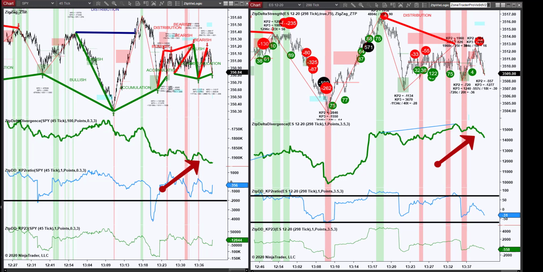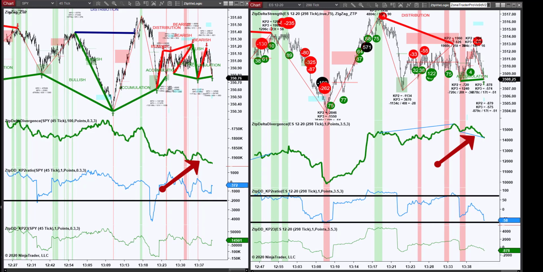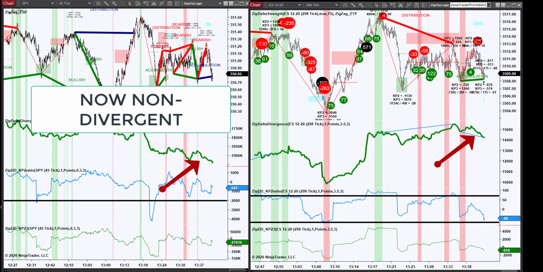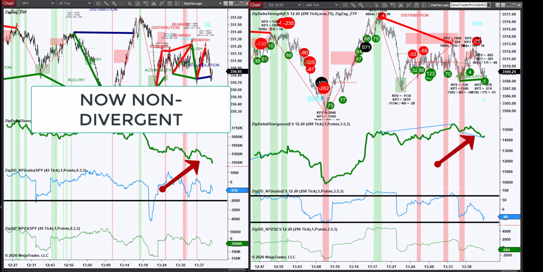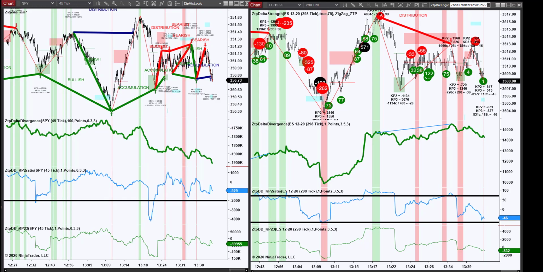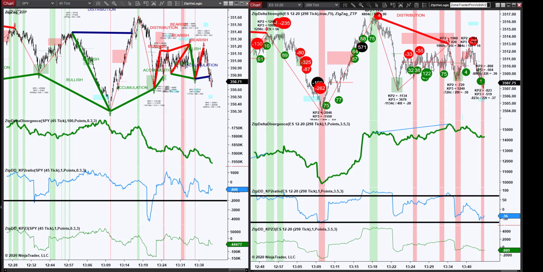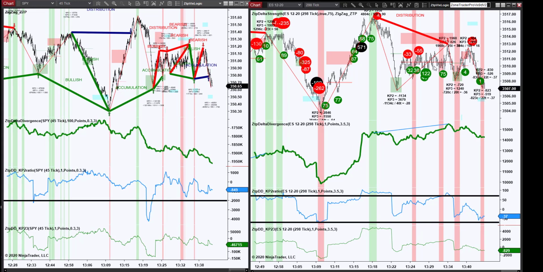And now we're going to see an accumulation buy on the SPY. Note the cumulative delta on the ES. It's going pretty much straight down at this point. And now the accumulation SPY is no longer divergent, and you see that it turns dark blue.